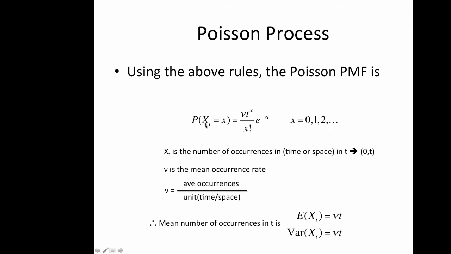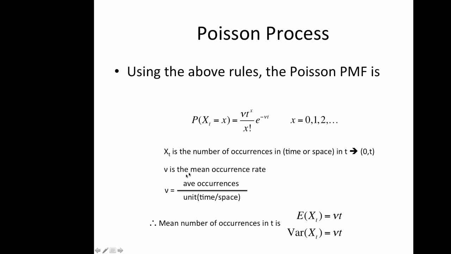The probability that our random variable x, and because it's temporal, let's call it x of t, is equal to some value x, is equal to nu t raised to the x divided by x factorial times the exponential of minus nu t, where x can take on discrete values of 0, 1, 2, and so on. So x of t is the number of occurrences in time or space in some interval between 0 and t.